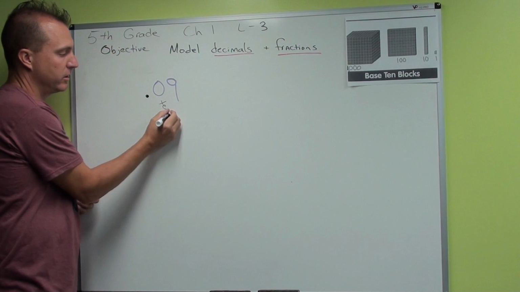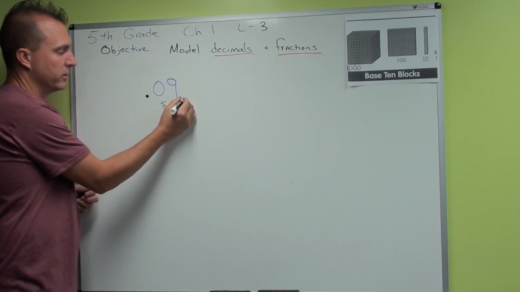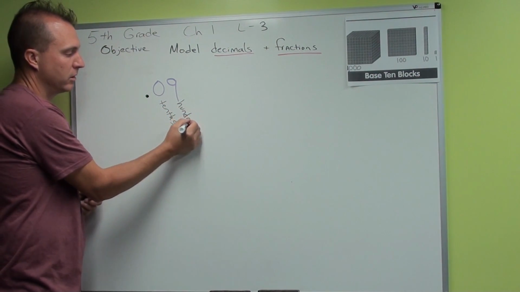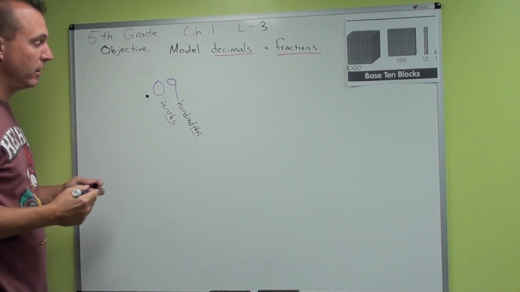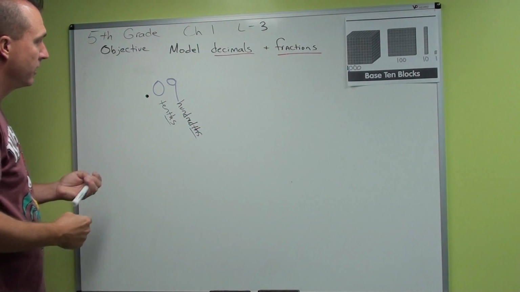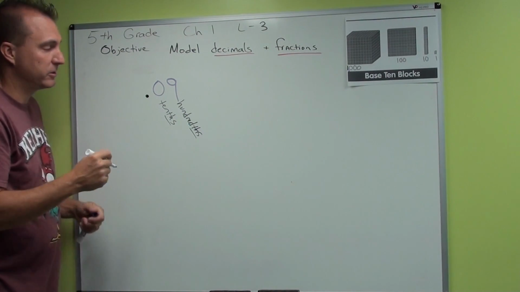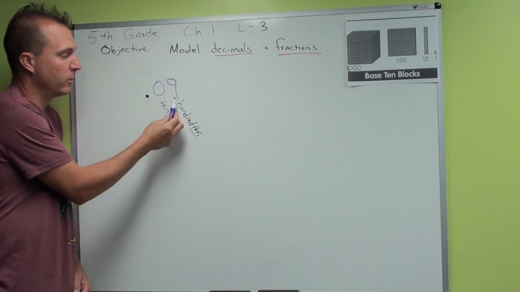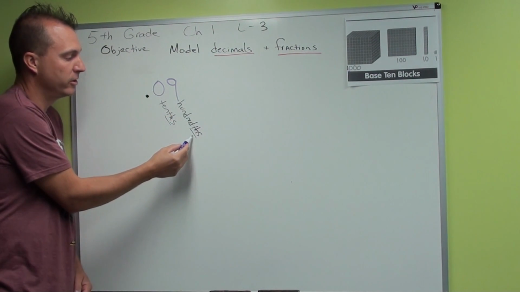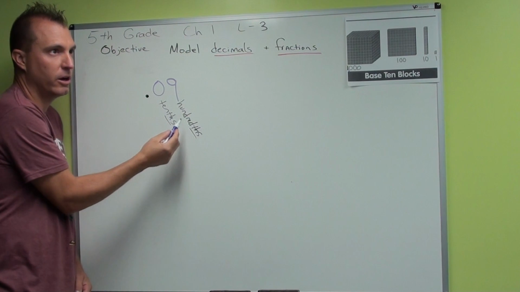This is tenths. This is hundredths. Make sure they have the THS because that tells you they're decimals. Alright? And then we read it like this. There's nothing here. So there's 9 here. We have 9 hundredths.